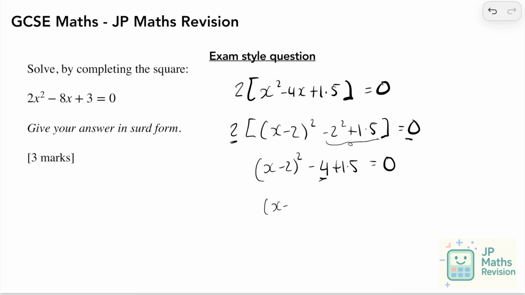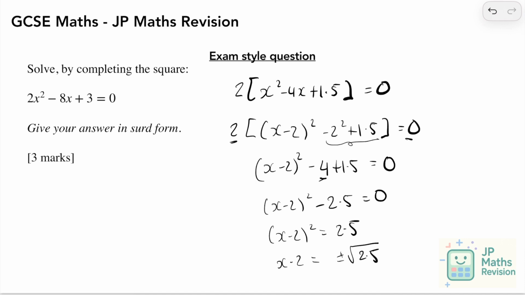So that's going to be (x - 2)² - 2.5 = 0. And then I'm going to add 2.5 to both sides, so I have (x - 2)² = 2.5. Then I'm going to square root, so it's going to be x - 2 = ± √2.5. So your answer is going to be x = 2 ± √2.5.